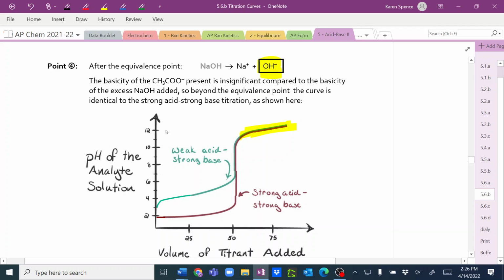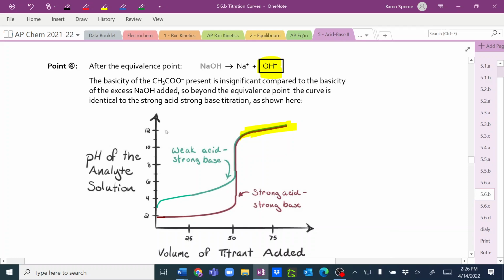But after the equivalence point, those curves are the same because the pH is predominantly affected by the OH minus from the NaOH. Does the salt hydrolyze a little bit and add a little bit of OH minus? Yes, it does, but it is so minimal in comparison to the amount coming from the strong base that we can just ignore it.